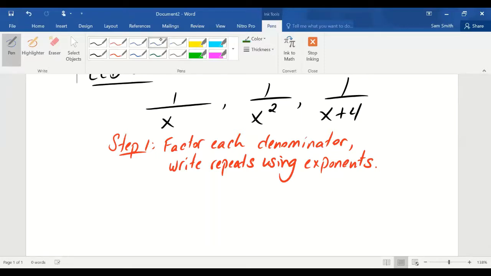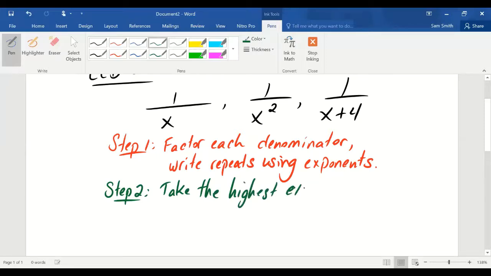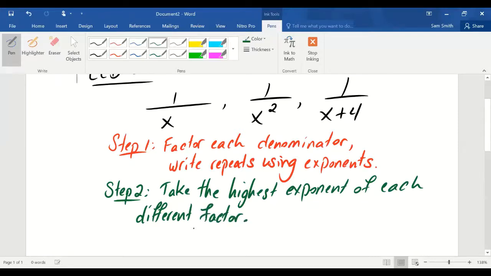So then the next step, step 2, is to take the highest exponent of each distinct factor. The highest exponent of each different factor.